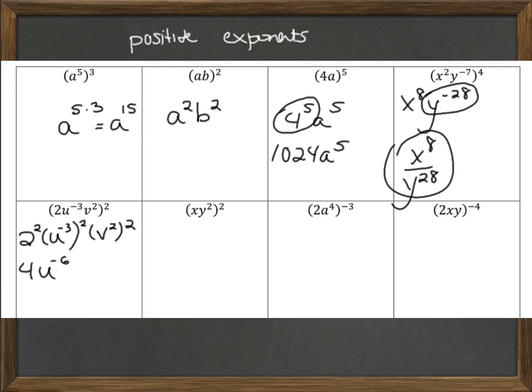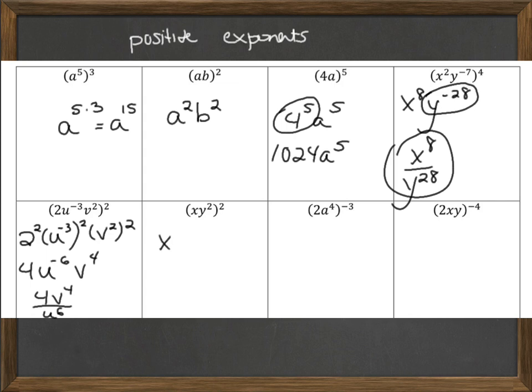So that gives us negative 6, and then 2 times 2 is 4. Again, we would be done, except for, remember, our directions are always asking us to write the expression using only positive exponents. So this u is the one who has to move down to the basement apartment to make him happy. Okay, so we're going to get 4v, as in Victor, to the 4th power divided by u to the 6th. Okay, let's keep going.